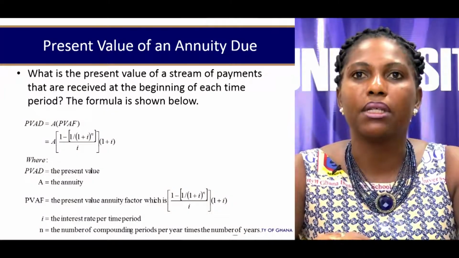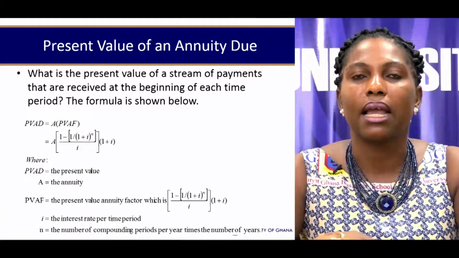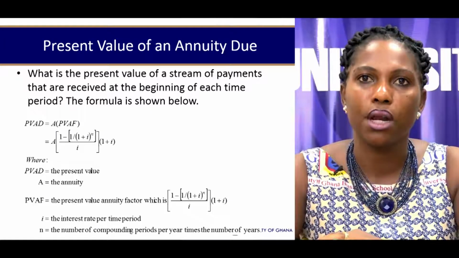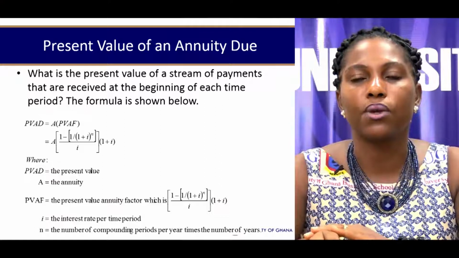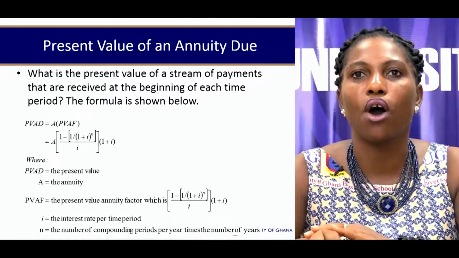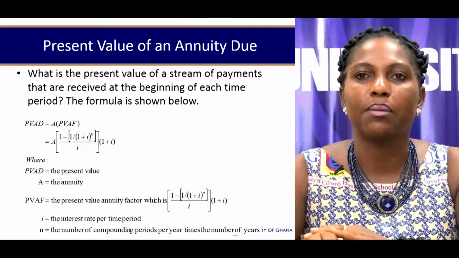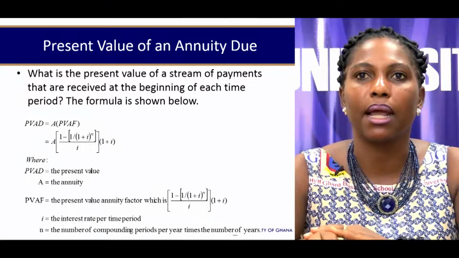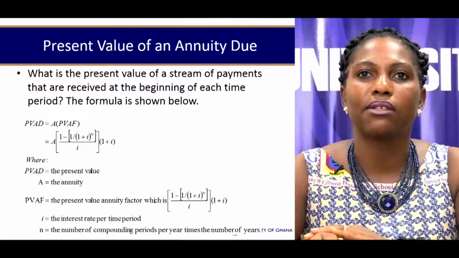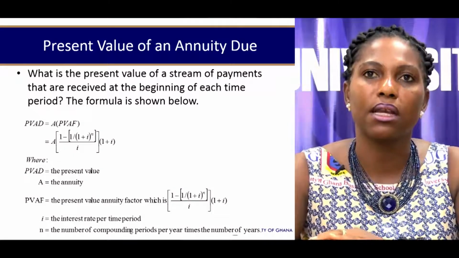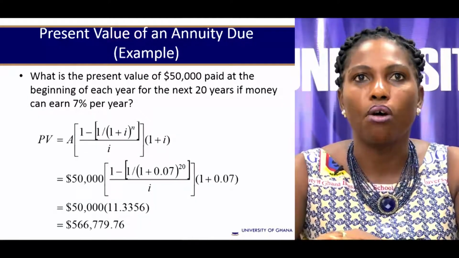Now once that happens, it means that to a large extent your payments will be discounted short of 1 period. So when you use the normal annuity formula, which will still take care of all the number of payments, you do the adjustment by multiplying with the 1 plus I to readjust for the 1 period that did not have to undergo discounting because of the timing of payments.